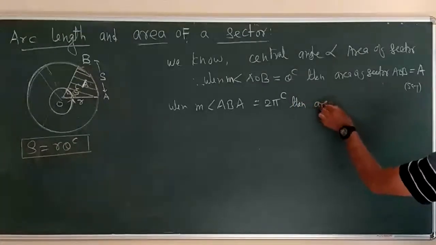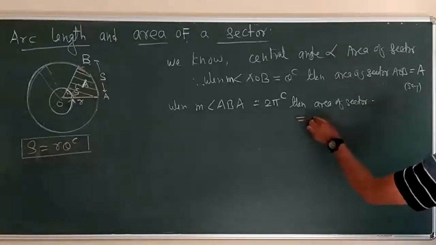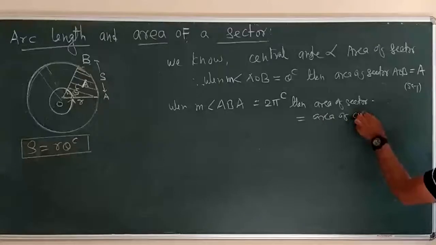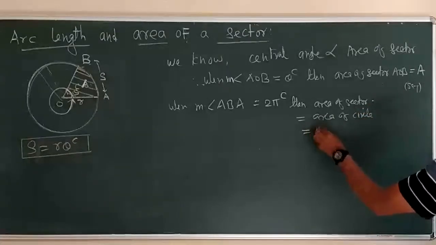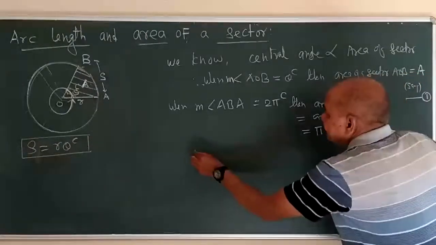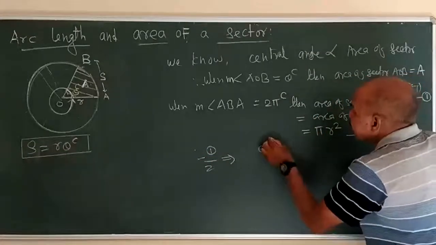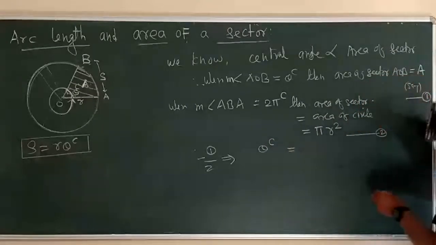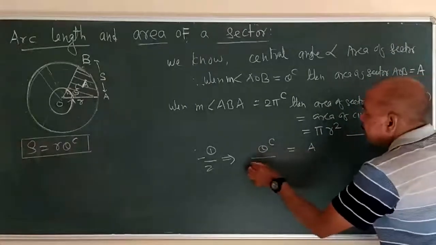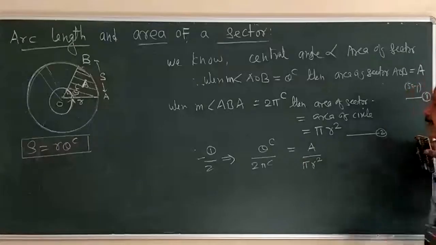Then the area of the sector equals the area of the circle, which is pi r square. First I give 1, this I give 2, and therefore when the angle is theta radian, the area is A. When the angle is 2 pi radian, the area is pi r square.